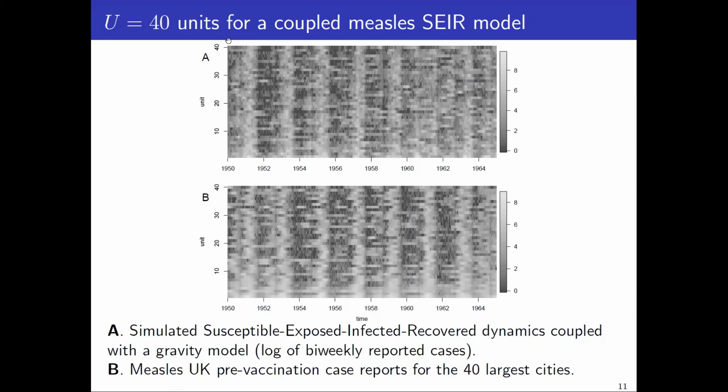Okay, here B is the data and A is the simulation. But you see in both cases, the peaks roughly every 2 years, but some cities break from that. That's the basic story.